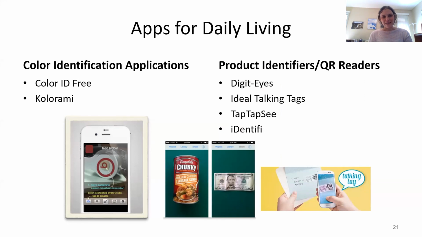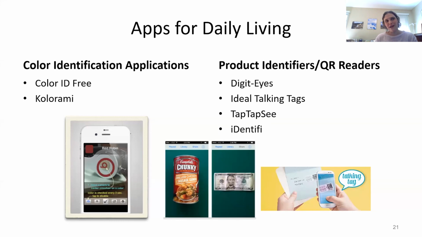There are some different color identification apps. I always give my patients some caveats with these because they're not usually actually designed for people with vision impairment. They're often designed to identify paint chips. So they'll give you a really complicated description of the color because it's matching it up to a paint chip. So the more simple version of the apps tend to be the best.